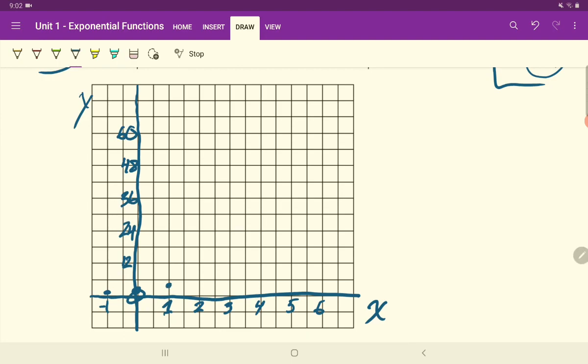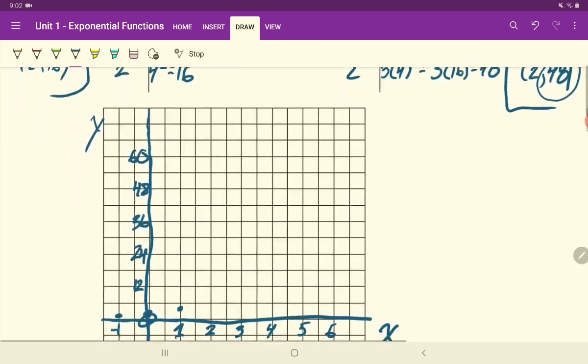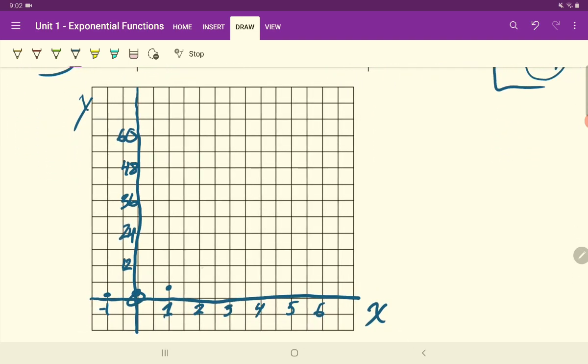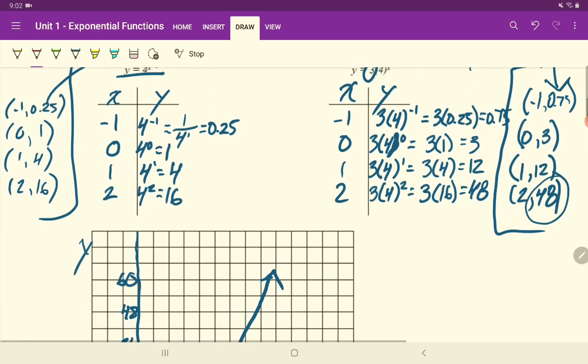Okay, again, ballpark it. 2, 16. If that's 18 there, then 16 will be right underneath it. And you can draw a basic curve, okay?